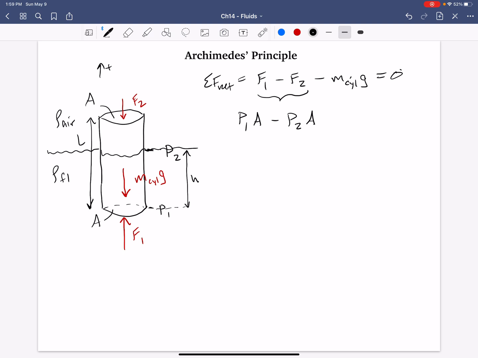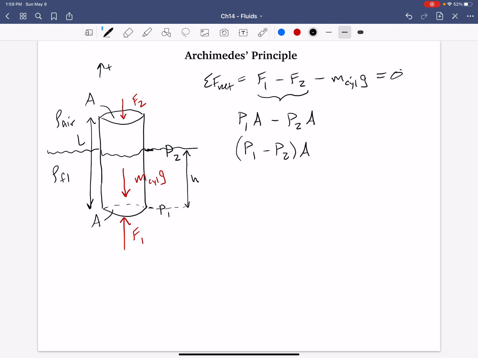For a partially submerged object, L and H will not be the same. So, pressure times area minus pressure times area. That's the same area, and I've chosen that on purpose, so we can factor that out.